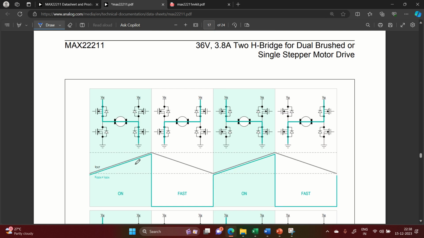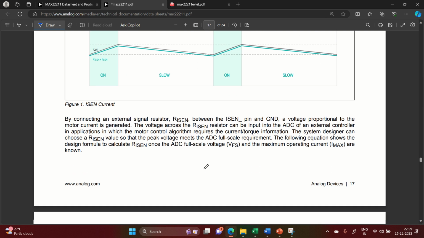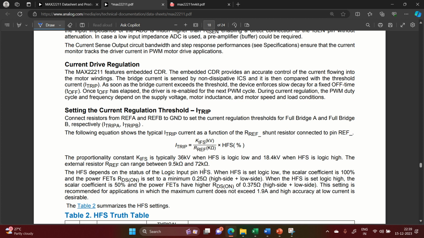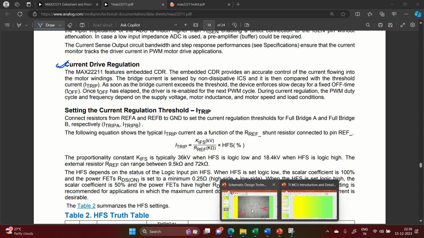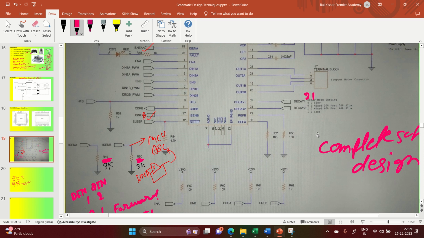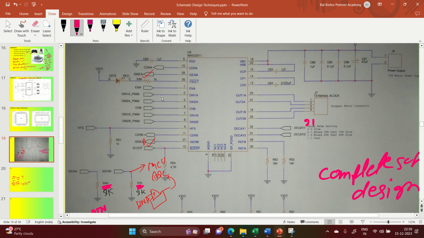And this is the working of fast mode and slow mode. Now coming to current drive regulation, CDR. We have already seen how the CDR pin was working. If you come to the circuit, come to CDR1A and CDR-B. CDR-B is output here, and CDR-A will be output here.